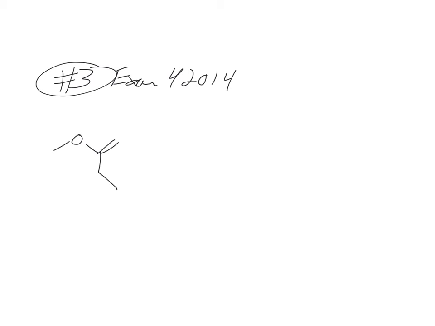Number 3 on exam 4 from 2014. This one's asking us to draw out resonance structures and then evaluate which resonance structure is the most stable. So we start out with this.